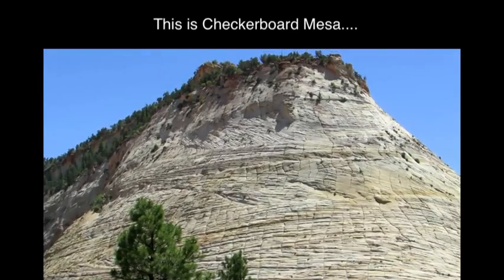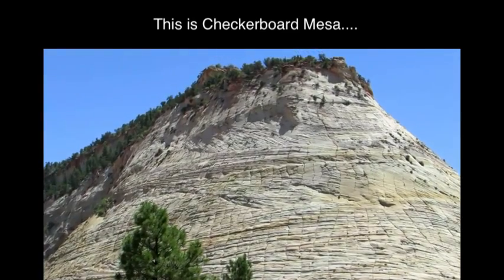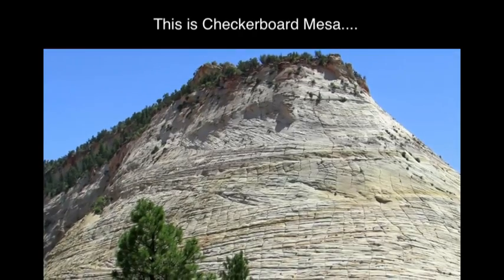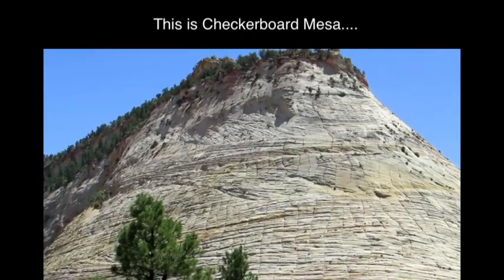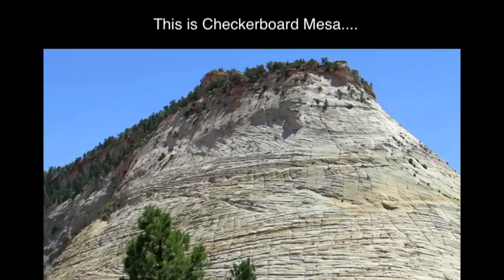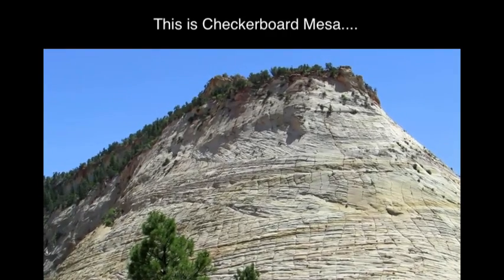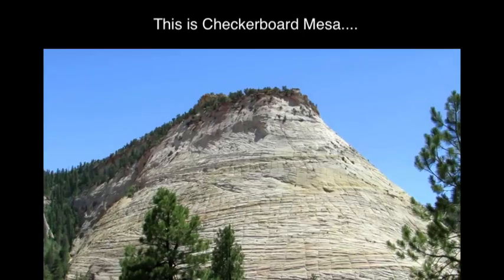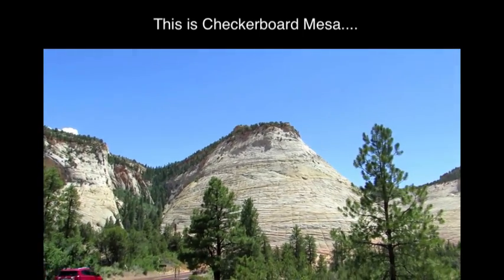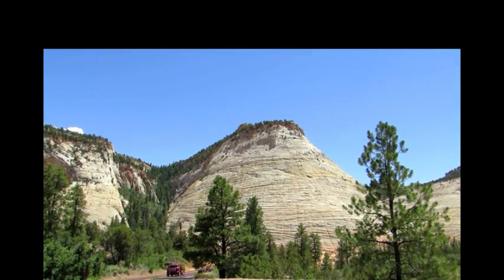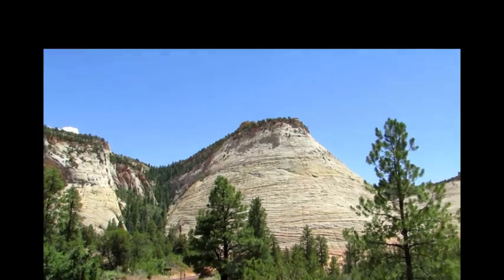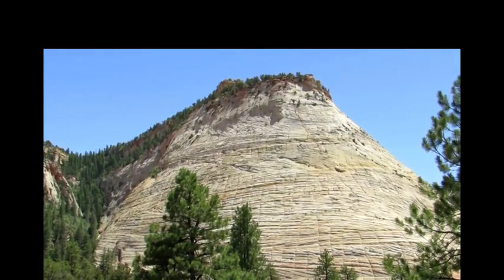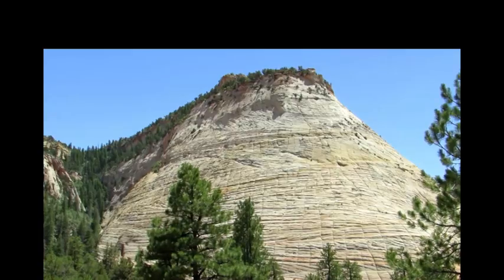So in Zion, there's a famous place called Checkerboard Mesa, which you're looking at right here, and it gets its name from the checkerboard pattern from jointing that has occurred in the rock formation of the Navajo sandstone. The way the jointing gets there is, this is in the desert, Eolian environment, and it's high enough in elevation that this particular area can get quite a bit of frost wedging.